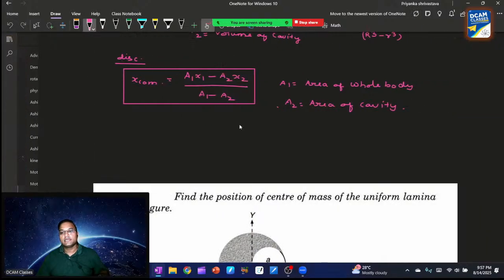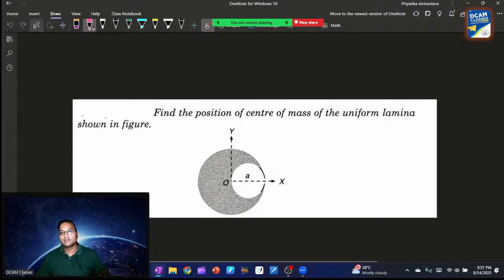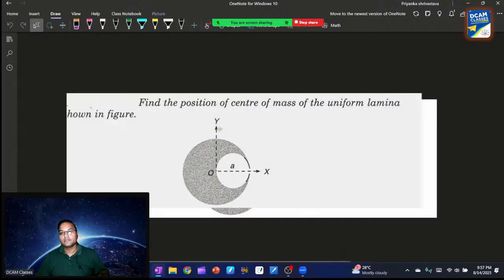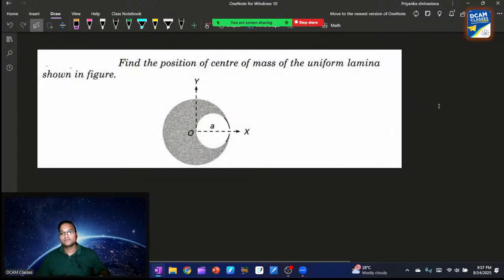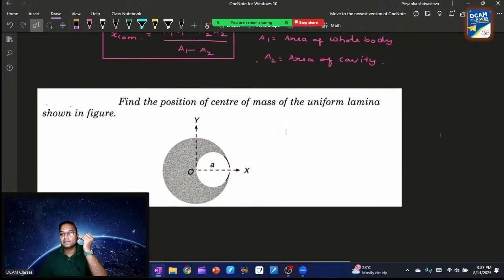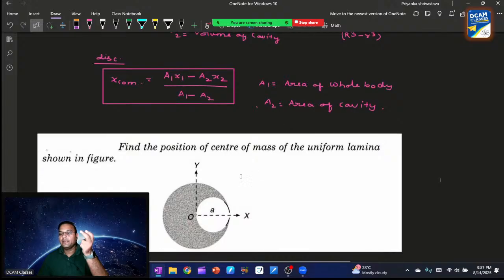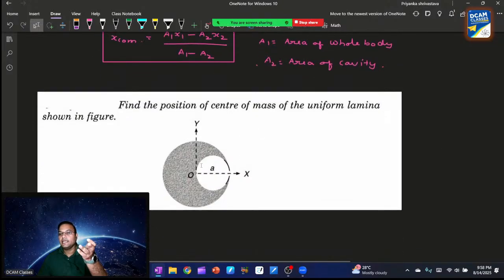In the next class, I'll tell you about the motion of center of mass. Very interesting questions are formed there also. Try this uniform lamina. Lamina means it's an areal part, area. It's a 2D figure, not 3D.